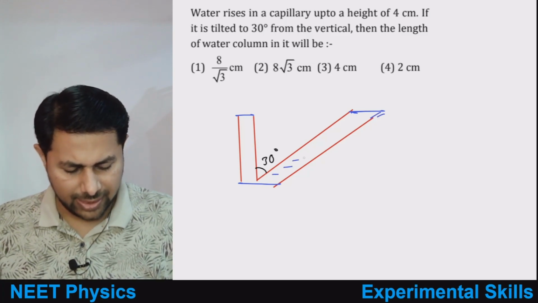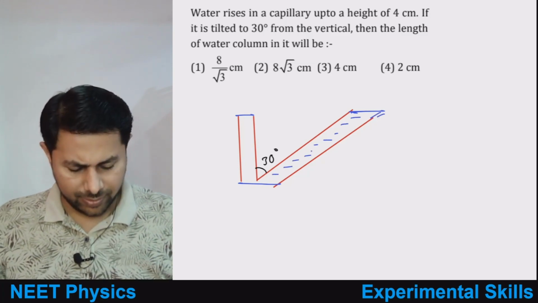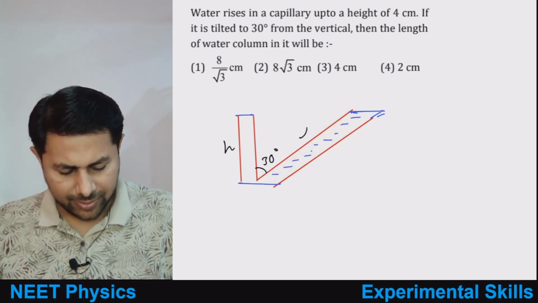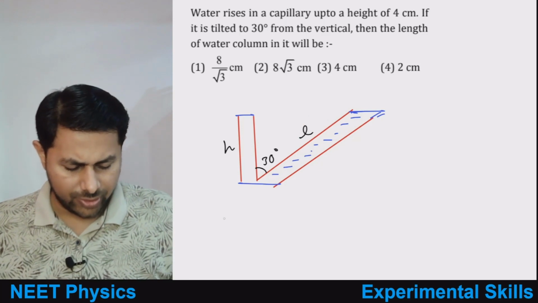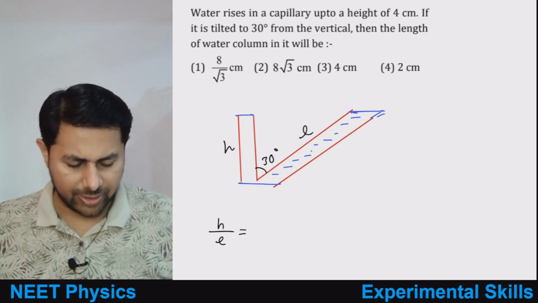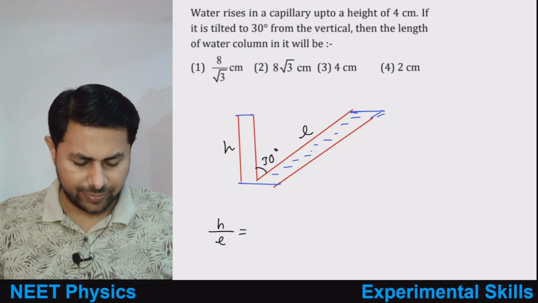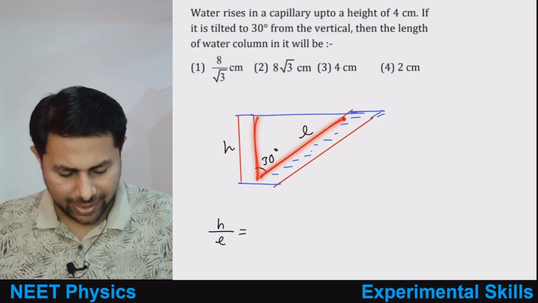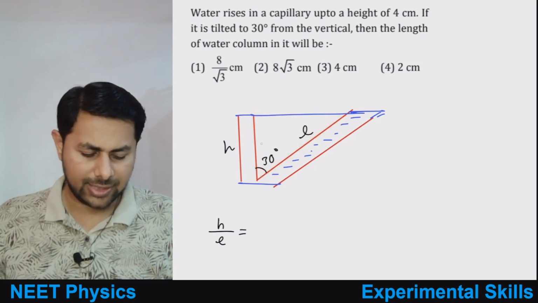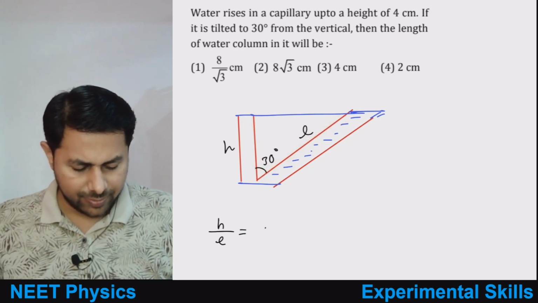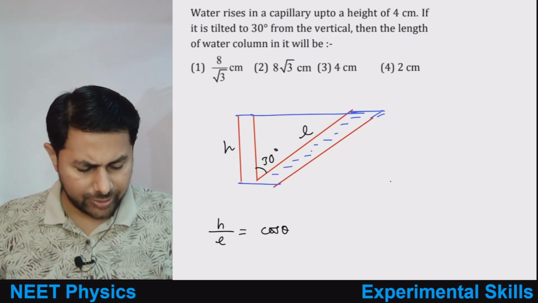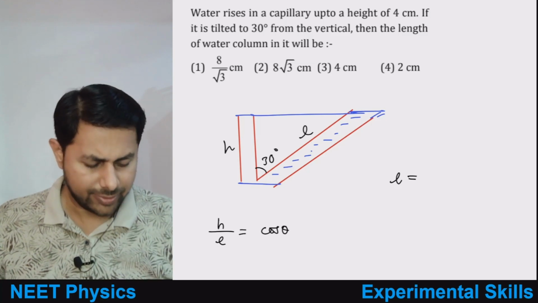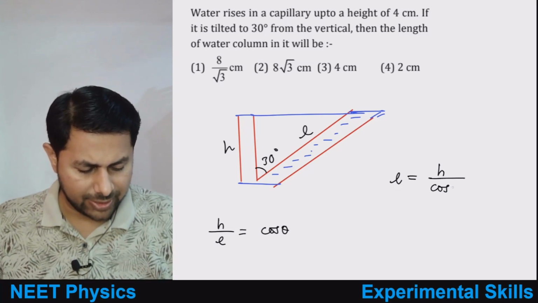But then what is the length in this tube? So this much is supposedly the length and this much is the height. What's the relation between them? H by L is equal to cos of theta, right? If you complete this triangle, H by L gives adjacent side by hypotenuse, cos of theta. And you want to find the length of the water column, so it will be equal to H divided by cos of theta.